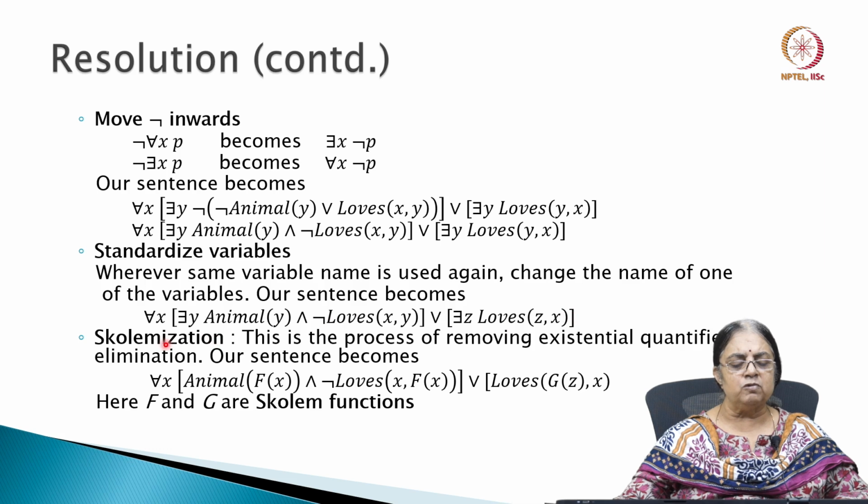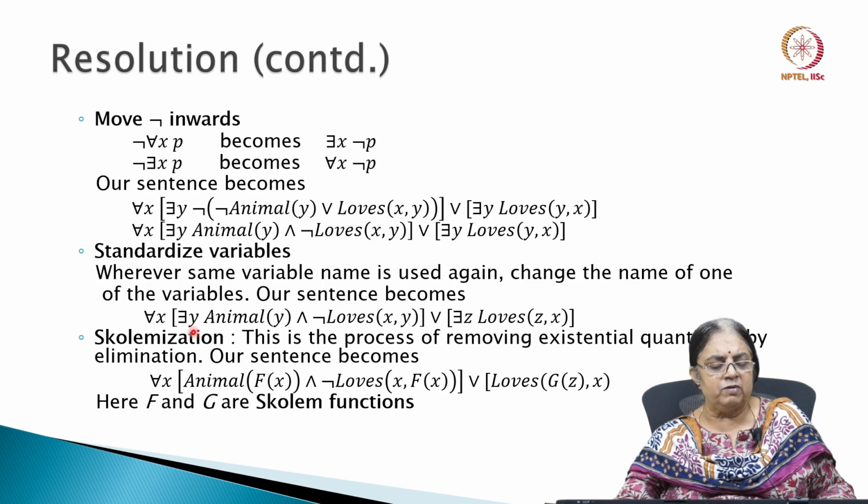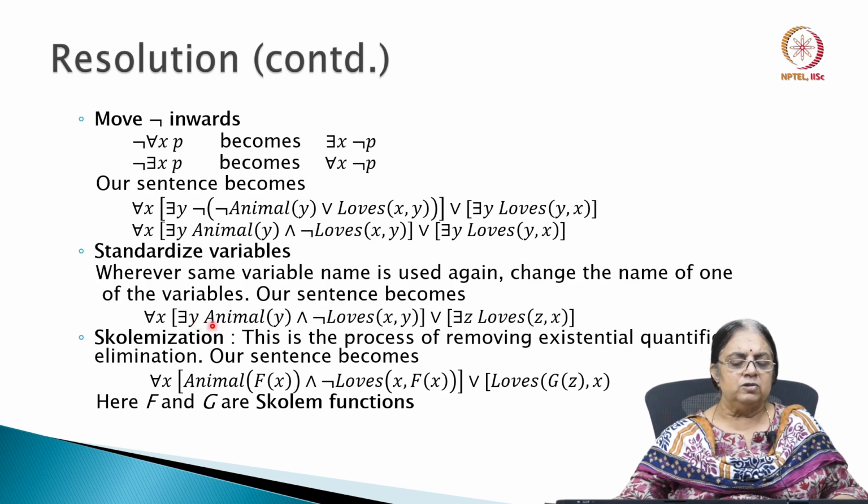Then you carry out Skolemization. So Skolemization is to remove the existential quantifier, okay. So what you are going to put here is animal f of x, okay, which means it's a function of x. So x is the person, okay, loves x, y.